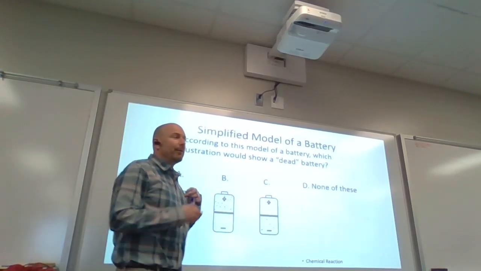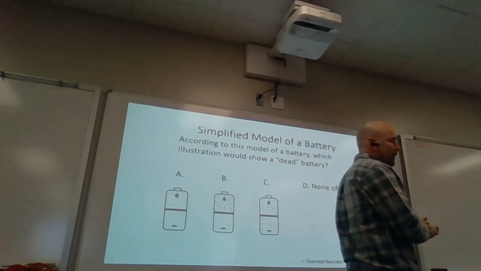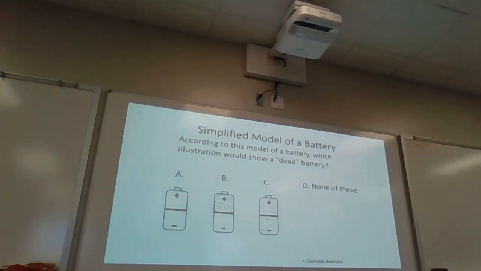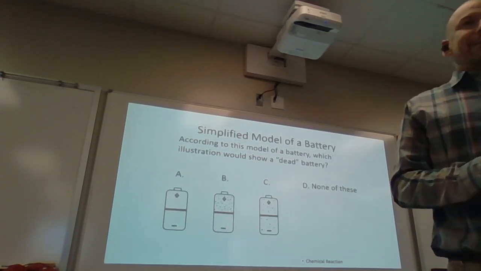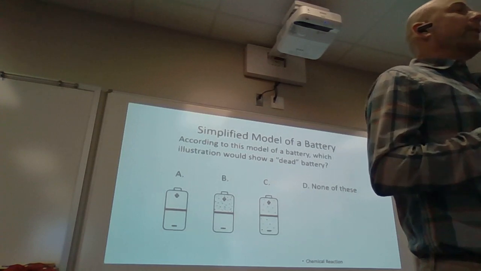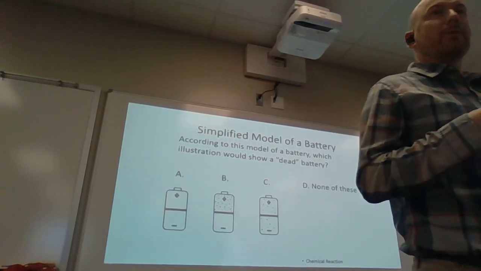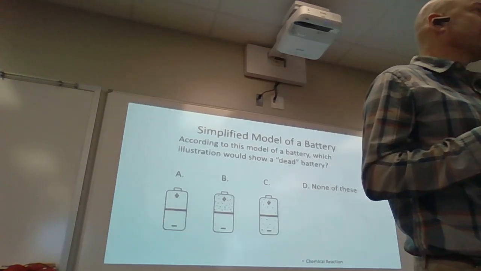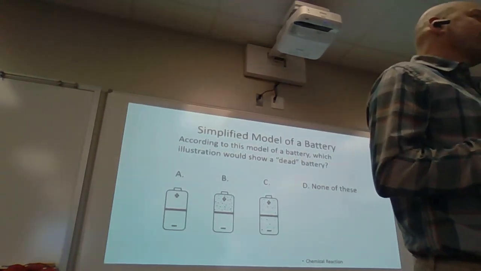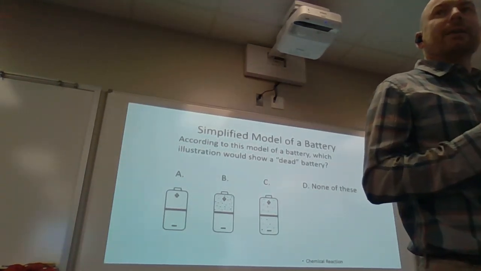Okay. Now, in reality, here's what goes on. I don't know if you learned about electrochemistry in chemistry class, like voltaic cells. There's a chemical reaction that takes place inside batteries. It produces extra electrons. One of those chemicals likes electrons.